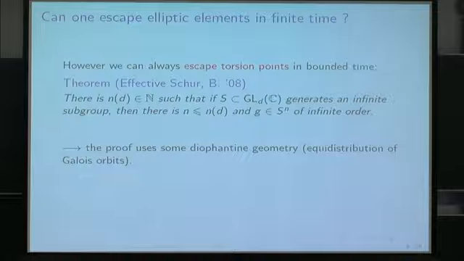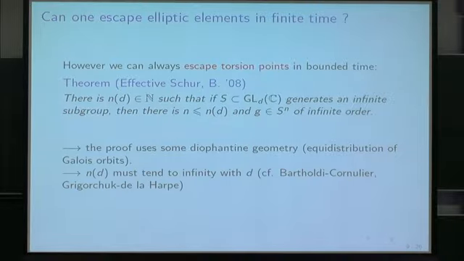The proof uses some number theory, because the roots of unity can be of very large order, and you want a bound independent of the degree of the number field that you look at.